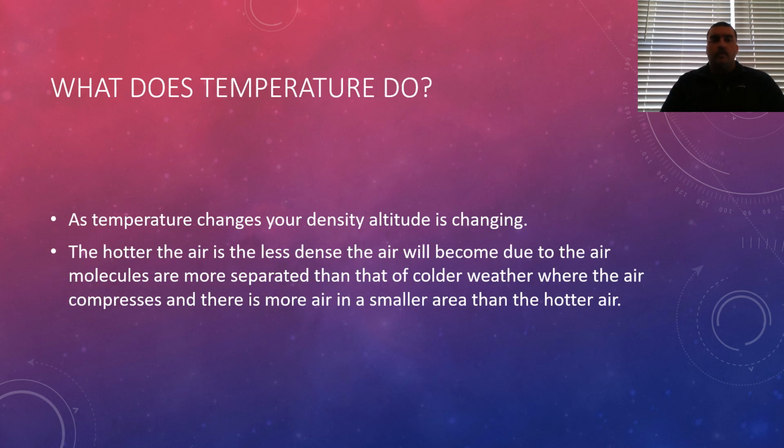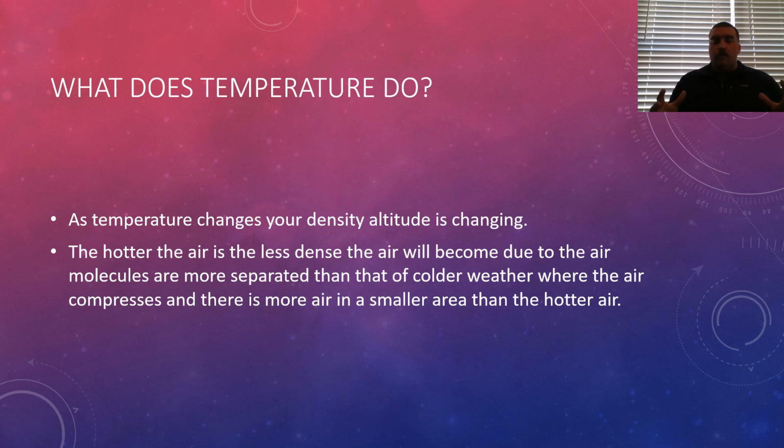So let's look into what temperature does. Temperature will change your density altitude. The way it does this is the hotter the air is, the less dense it will become. The hotter the air is around you, those air molecules separate, and once they separate, there is not as much air inside that small space as there would be if it's colder.